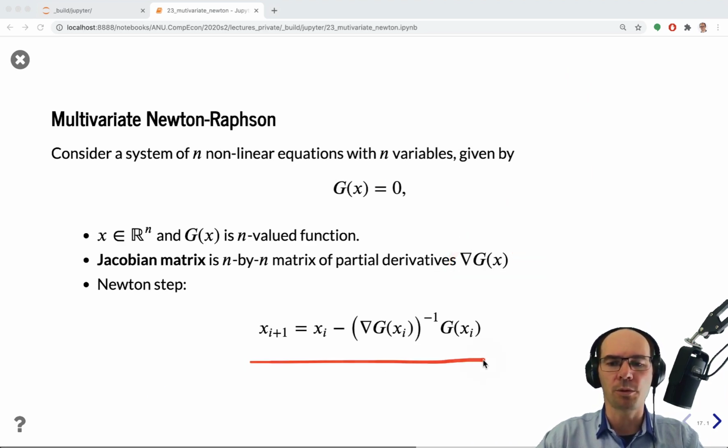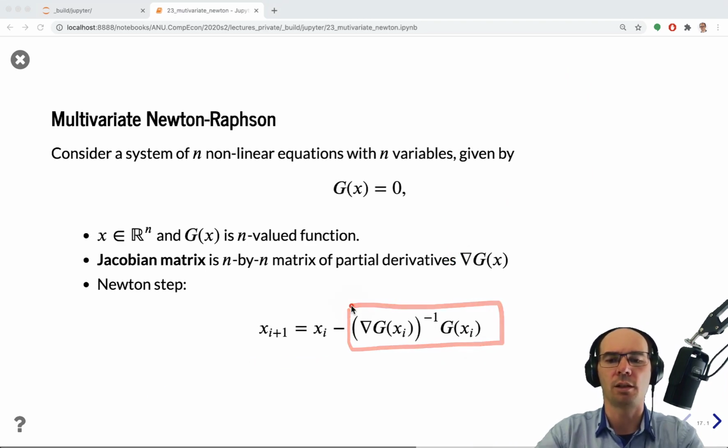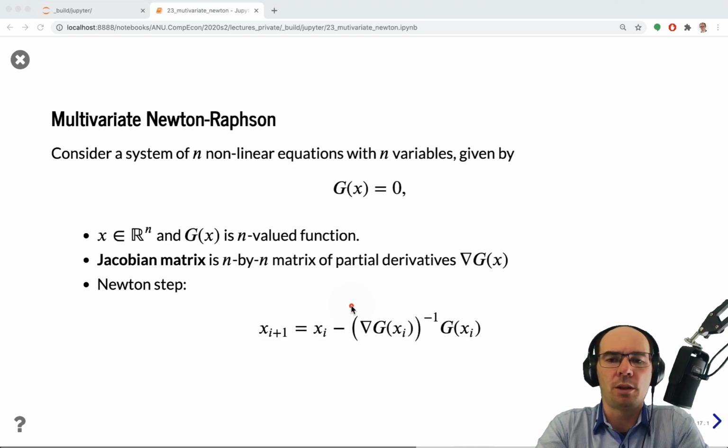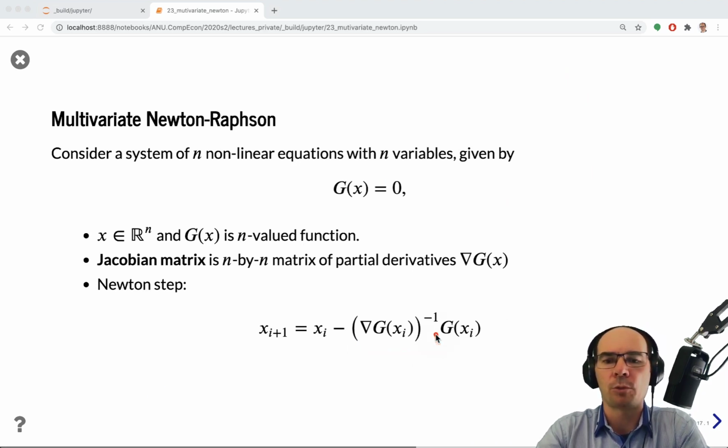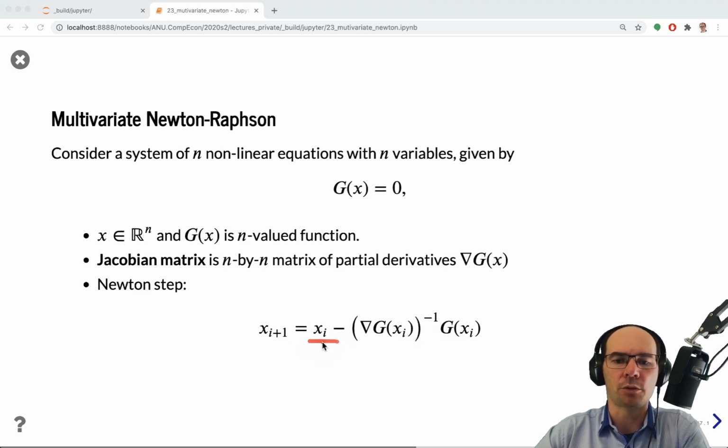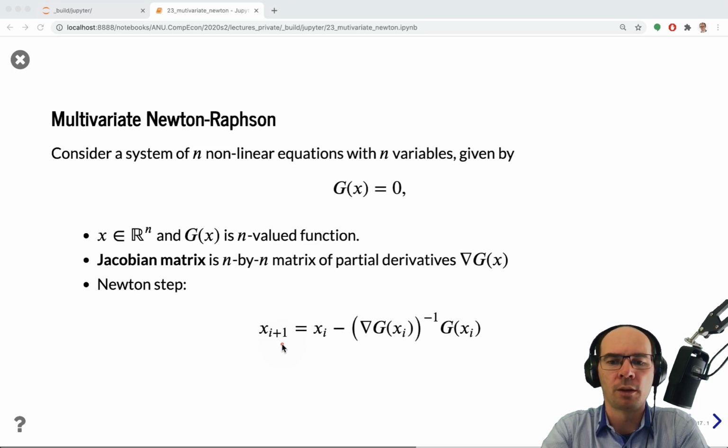The Newton step looks the same, except now we have to do matrix operations in a step. So we are dividing the vector of n elements by the matrix n by n. And that, of course, gives us a vector of n, and x is a vector of n, so x i plus 1 becomes a vector of n as well.